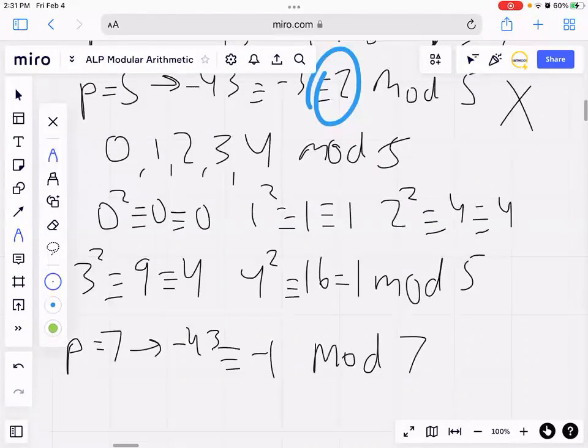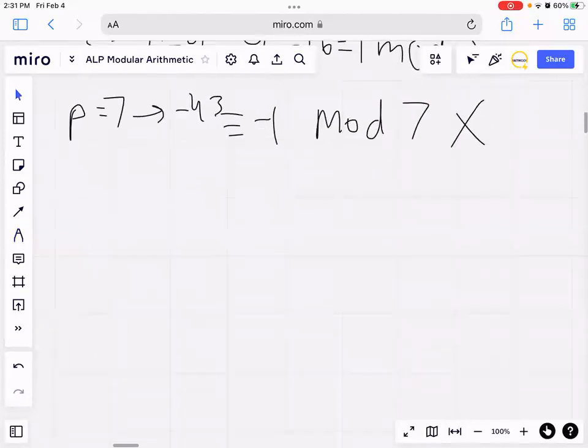Using the same reasoning that we used for p equals 5, we'll find that there are no integers whose square is negative 1, or 6, mod 7. So p equals 7 can't work. Let's keep going, because we should probably find a prime sometime soon.